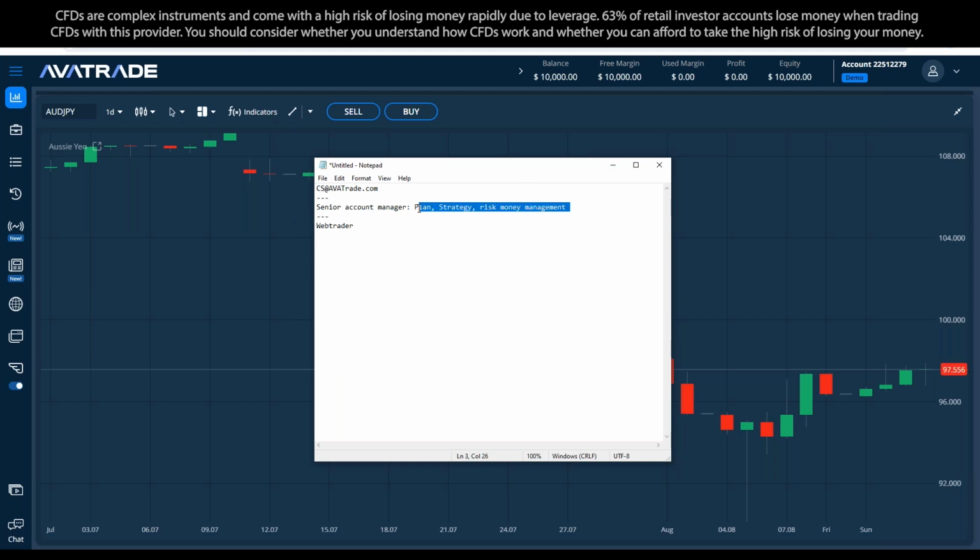It's very, very useful to have a senior account manager. We usually hire senior account managers that are trading as well, so it's very useful to speak with somebody who is trading and more experienced. And we don't charge anything extra for a senior account manager, so just check your eligibility after you've made a deposit. It's super useful.